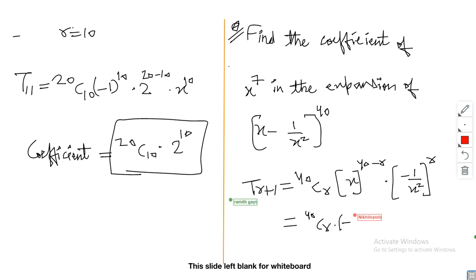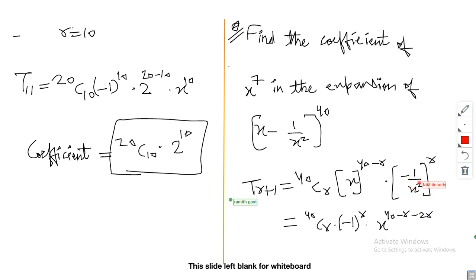First of all, 40Cr minus 1 to the power r we'll take in the beginning. Now x to the power of 40 minus r, and what will be this? Times x to the power minus 2r. This minus has nothing to do with the x.